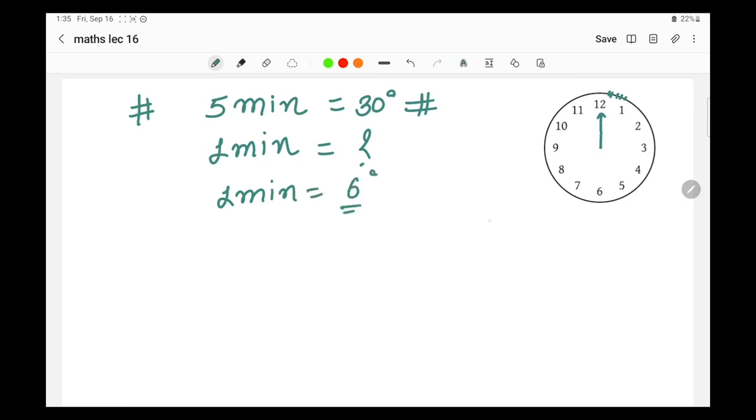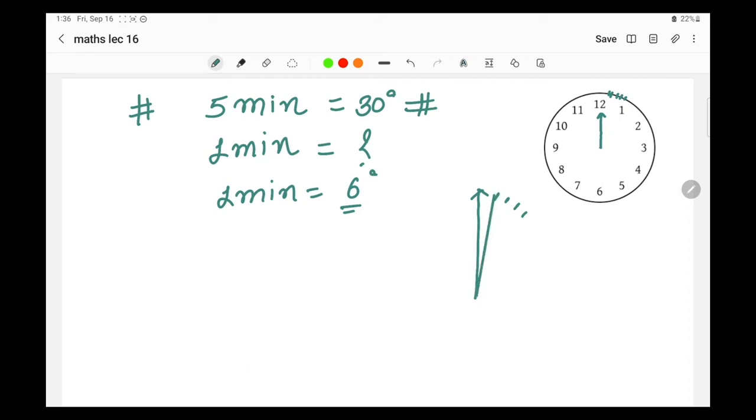If a particular time is here, for example 12 o'clock, now the angle at 12:01. For example, this is 12 o'clock, and this is 12:01, 12:02, 12:03, 12:04.